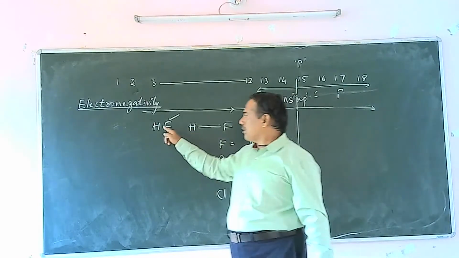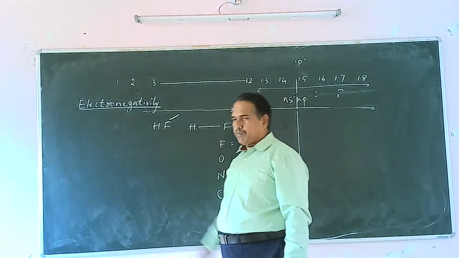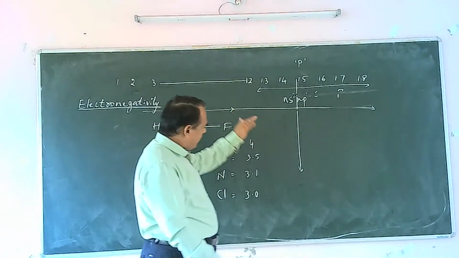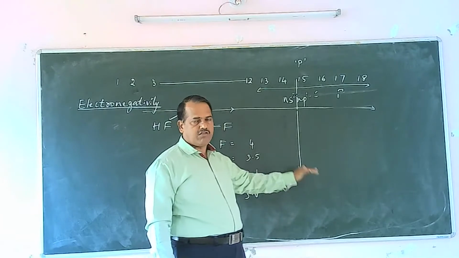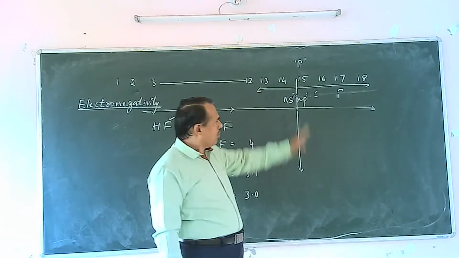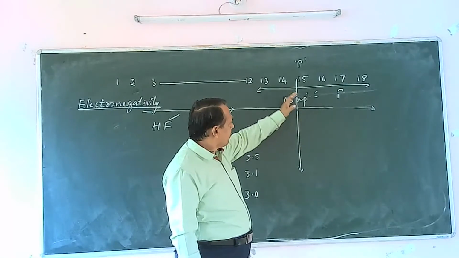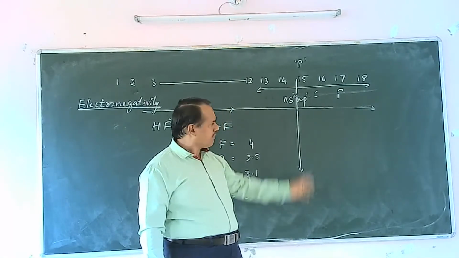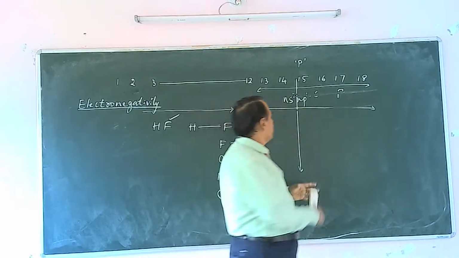So electronegativity is another important criterion. As electronegativity decreases, the positive character increases. The lower elements in the P block may act as a metal. We can find many changes.